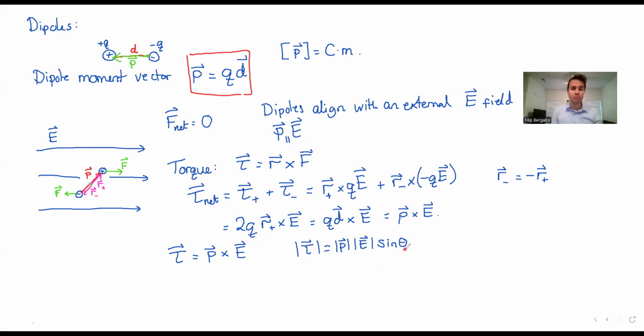Because that's when sine becomes a maximum. So you'll have the strongest torque when the dipole moment vector is perpendicular to the field. And that makes sense, right? Because once it's aligned, now that torque should go to 0. Now it's already in alignment. And indeed, that's when this angle goes to 0. So this is an important result, and I'll box this one. That is definitely worth keeping in mind for homework 2.